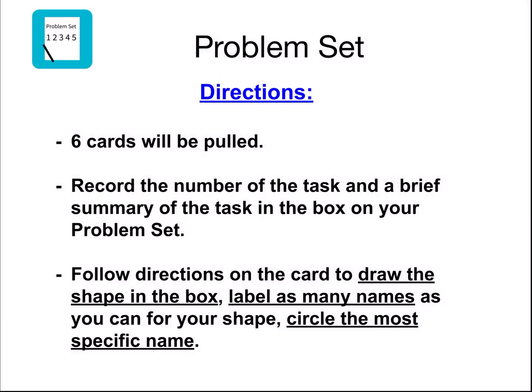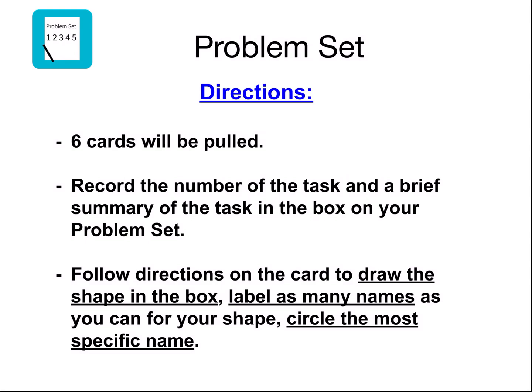All right, so what you're going to do now is get your problem set out, okay? I have 5 cards for you. Get your problem set out to lesson 21. You're going to record the number of the task and a brief summary of the task on your problem set.